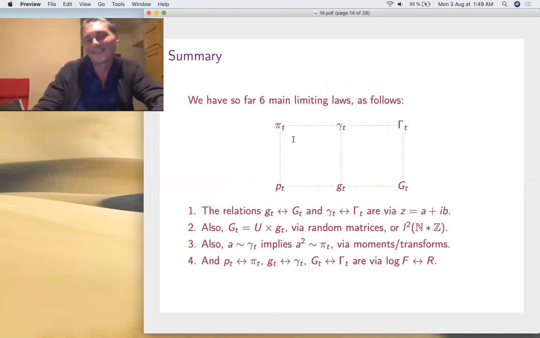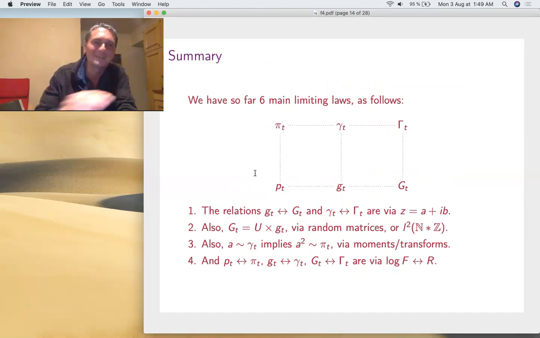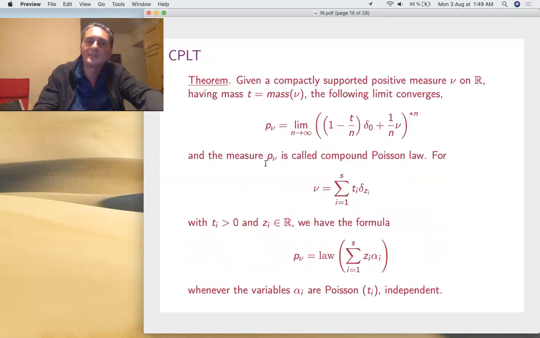I'd like to have a cube with this being the continuous face, and maybe this and some other things being the discrete face. That's why we are now trying to develop this compound free Poisson theory. Of course, it's of interest to us, but from an abstract viewpoint, let's try to build a cube.